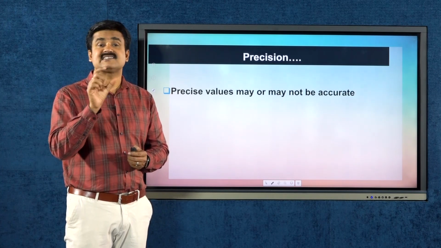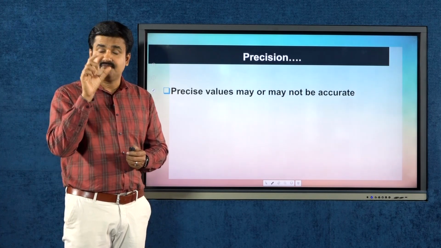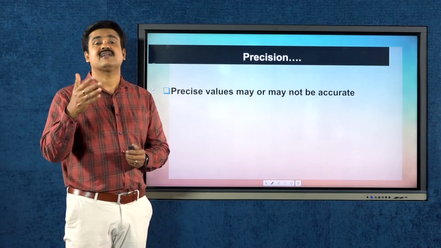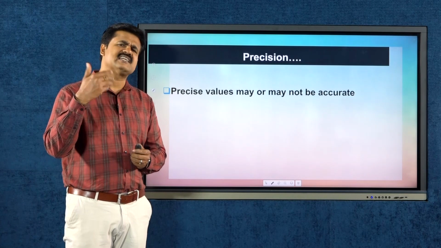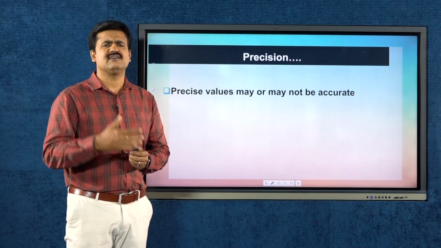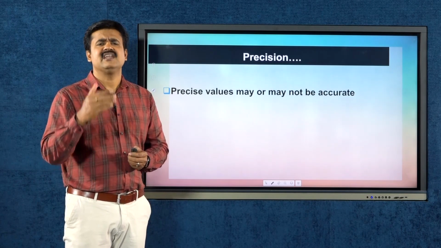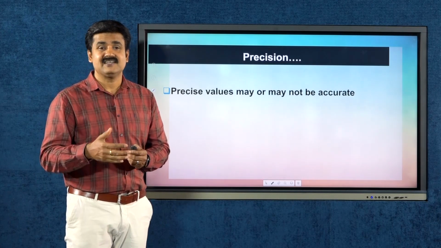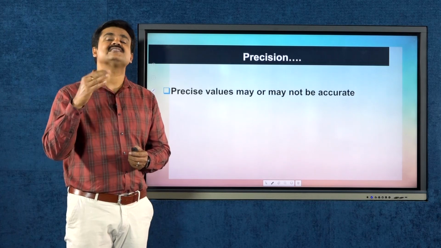But the 9.6 range is far away from 9.8. So, the measured values are not accurate. However, in certain other cases, if I get the values as 9.79, 9.8 and again 9.79, then I can say that the values are precise as well as accurate.